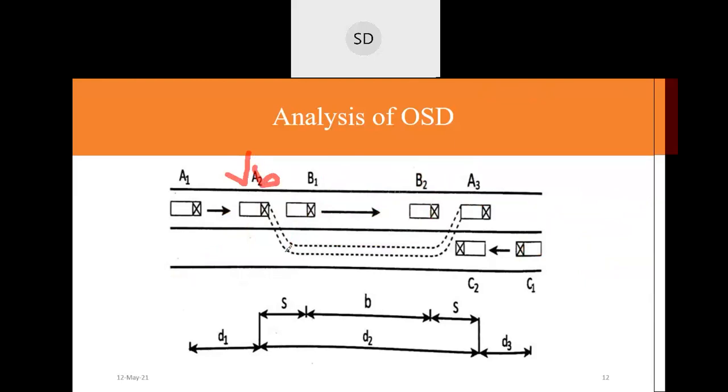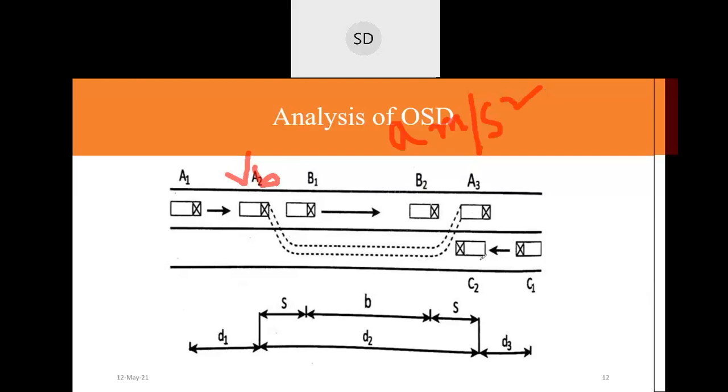After that, when the overtaking operation takes place, it will accelerate, suppose at a rate of a meter per second square, and after accelerating it will move to position A3.